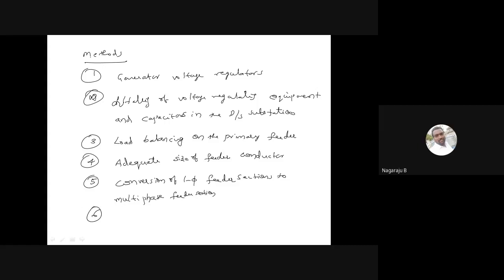Number six is shifting of loads to new feeders or new substations.